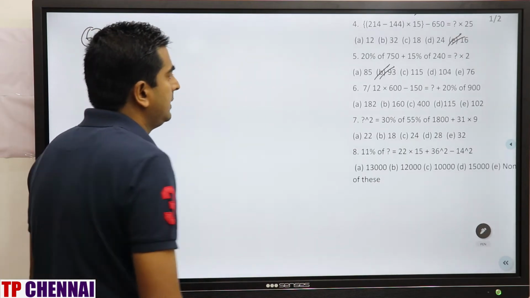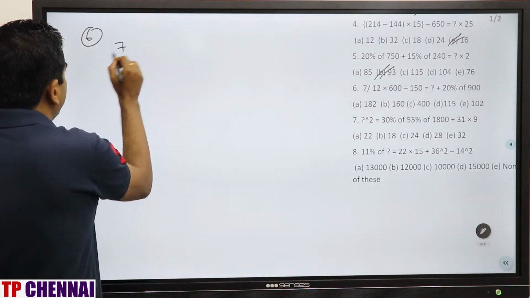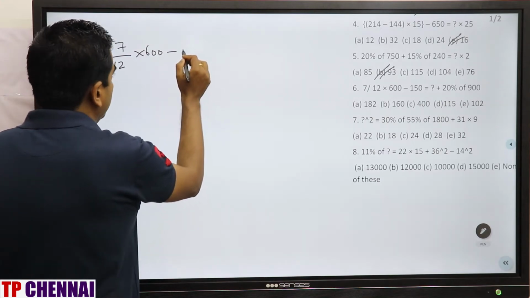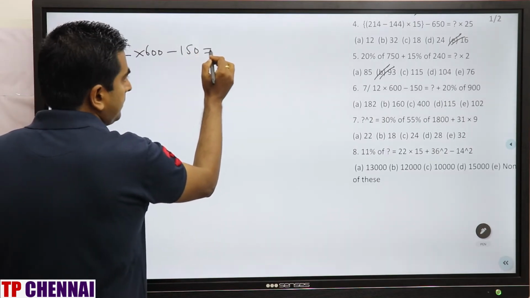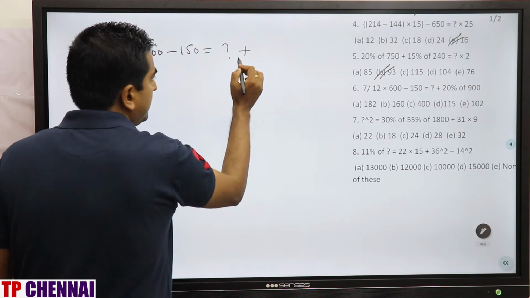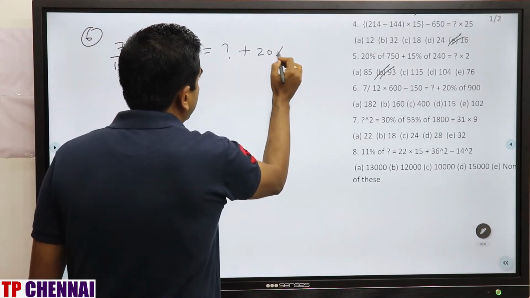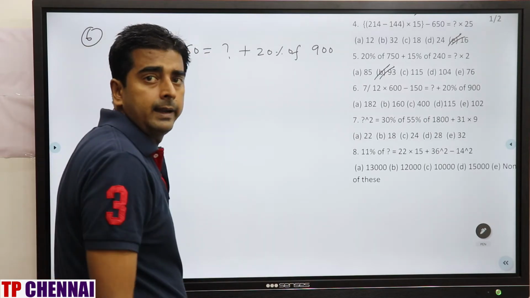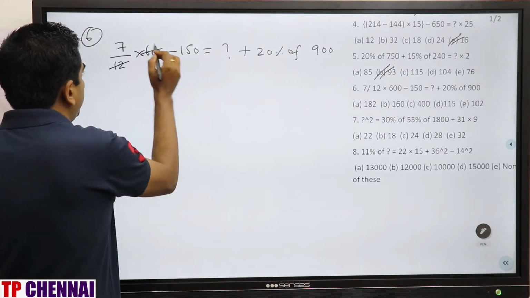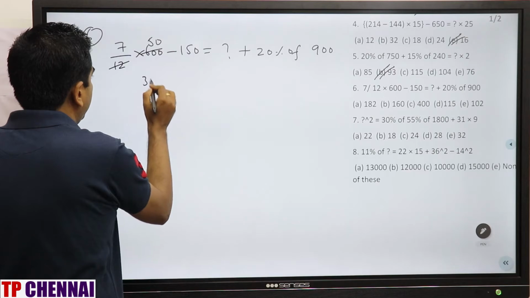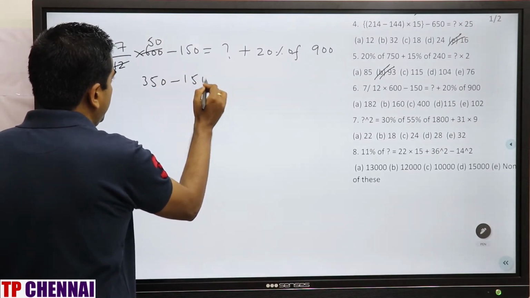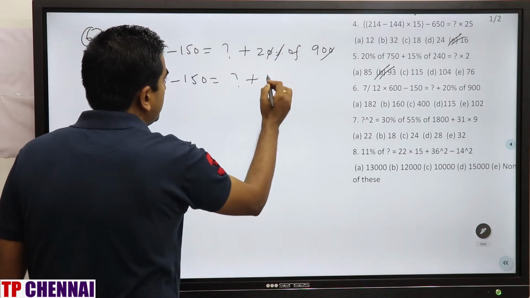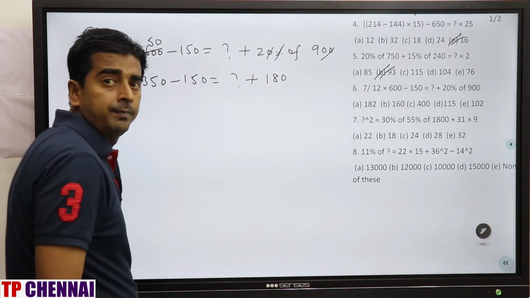Now we'll see question number 6. 7 by 12 into 600 minus 150 is equal to question mark plus 20% of 900. Right? This is 350 minus 150 is equal to question mark plus, percentage and double zero will go, this is nothing but 180.